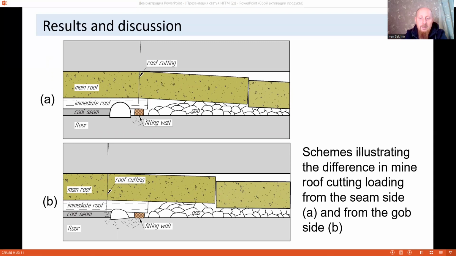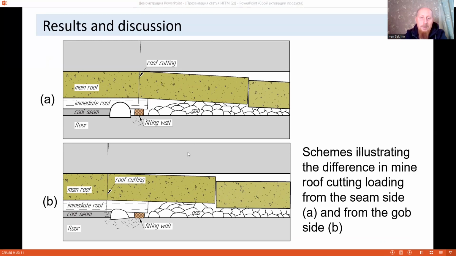In this case, the weight of the roof rock rests on the lining of the entry and leads to deformation, which does not allow saving the gate road for reuse. Otherwise, when the maximum stress is on the side of the gob, cutting is observed above the filling wall, and the gate roads can be reused.